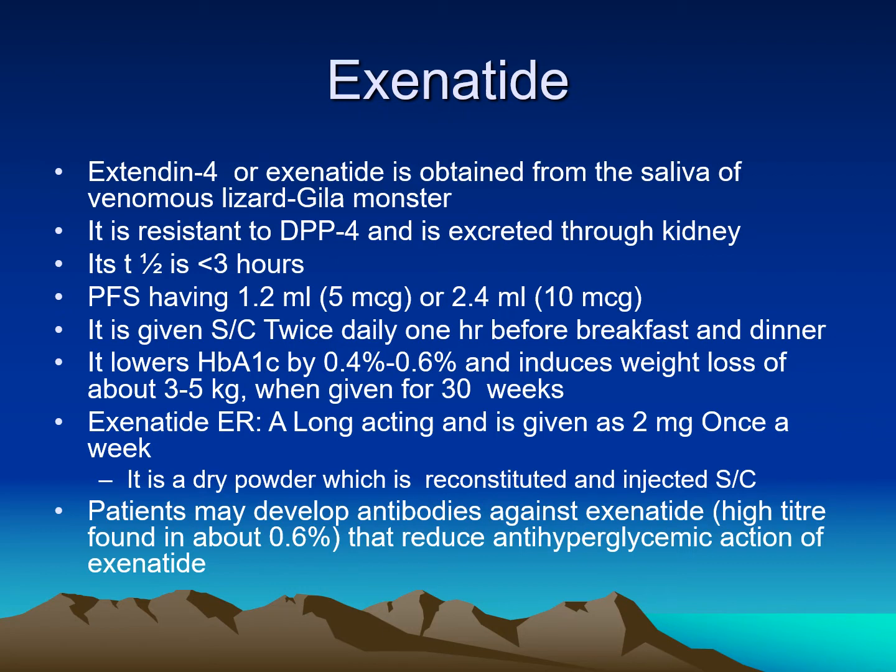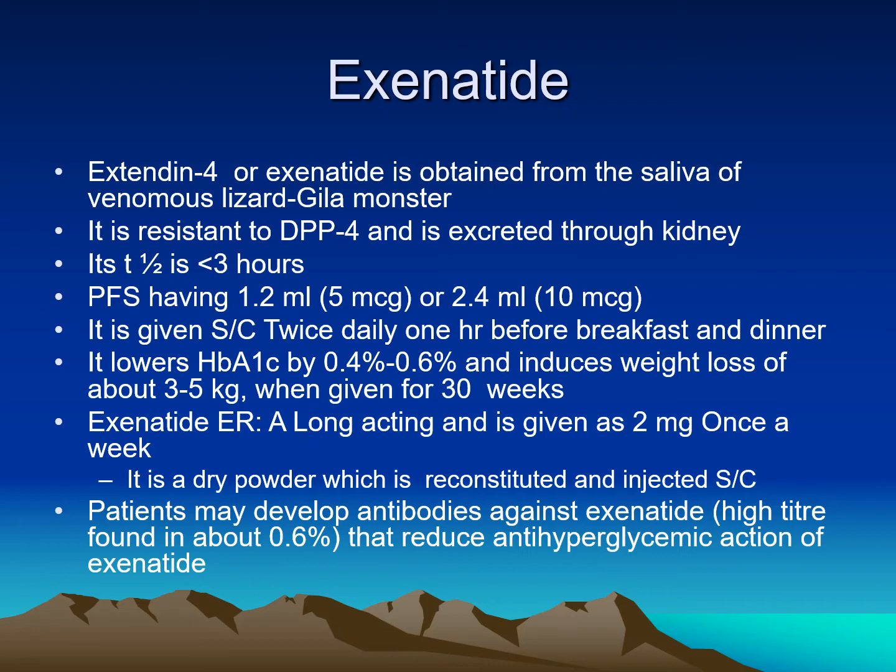Exenatide, exendin-4, the original one obtained from the saliva of the venomous lizard Gila monster, has anti-hyperglycemic effect. This agent is resistant to DPP-4 inactivation but has a shorter half-life, and it was used as a subcutaneous injection, available as a pre-filled syringe.